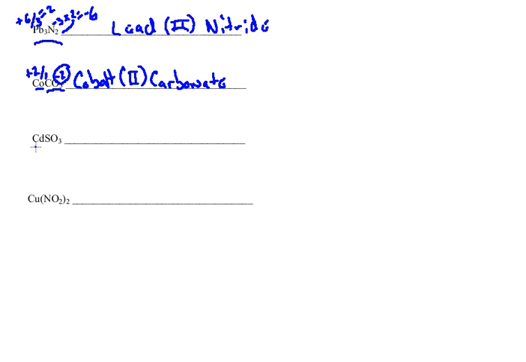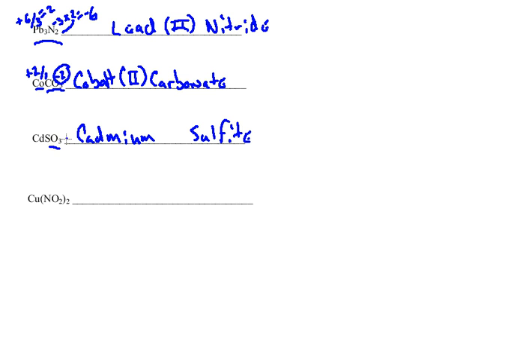Over here, a little bit different. Another transition metal, Cd, is cadmium, an ingredient in some rechargeable batteries. And SO3 is sulfite, another one of these polyatomic ions. We only have 1 of them.